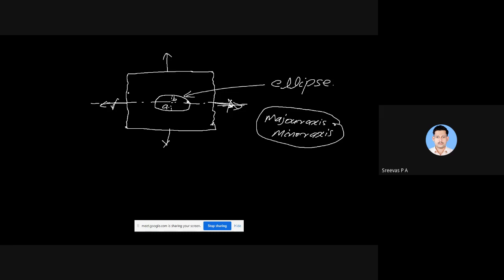Okay, due to this, stress will be there at all places. Here there is a change of shape, so stress will be maximum. So we have an equation connecting these two things: sigma max is equal to sigma into 1 plus 2a by b.